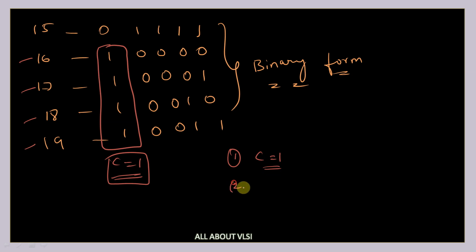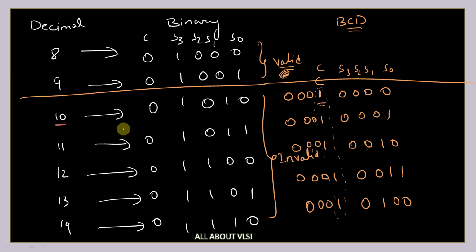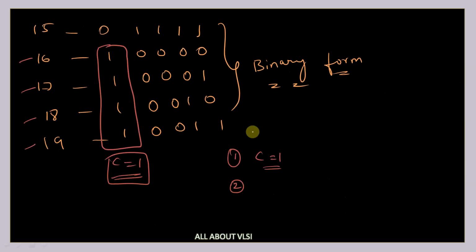Next, in the numbers 10 and 11, we can see that S3 and S1 are high. Am I right or wrong? Yes. So I can write down the second condition as S3 dot S1. This is one of the equations.